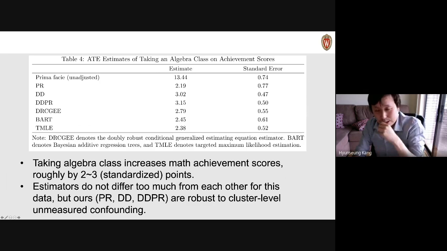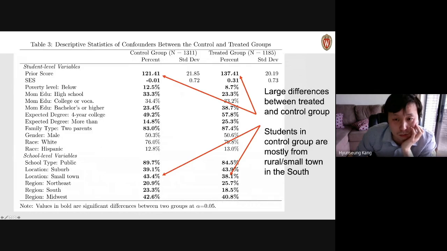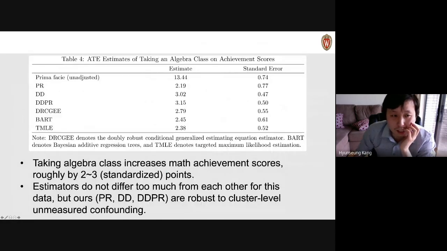My guess is that either there's not too much cluster level unmeasured confounding, and it may already be driven by prior achievement scores, and maybe this already captures some aspects of teacher quality. But in any case, our method is robust in the sense that we don't have to worry about whether we actually measured or did not measure the cluster level covariate at the end of the day. Our method will still remain consistent regardless.